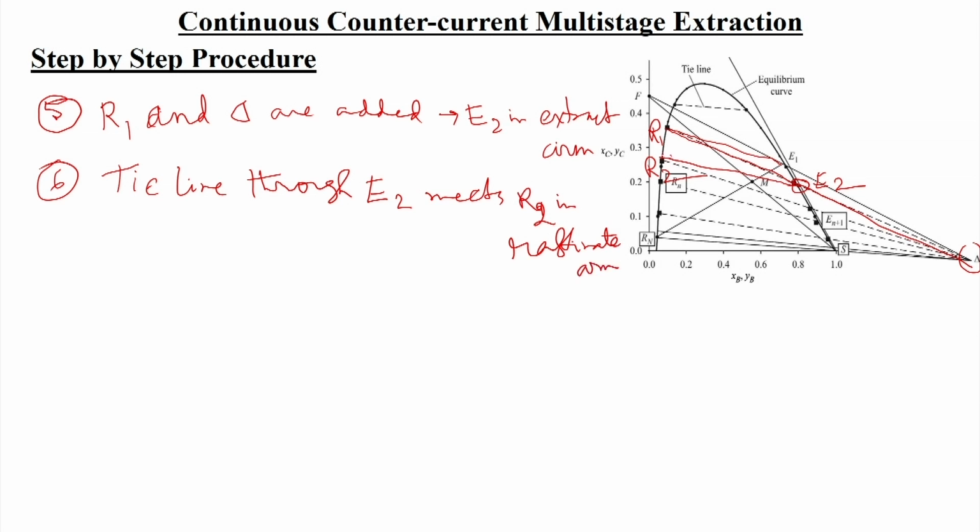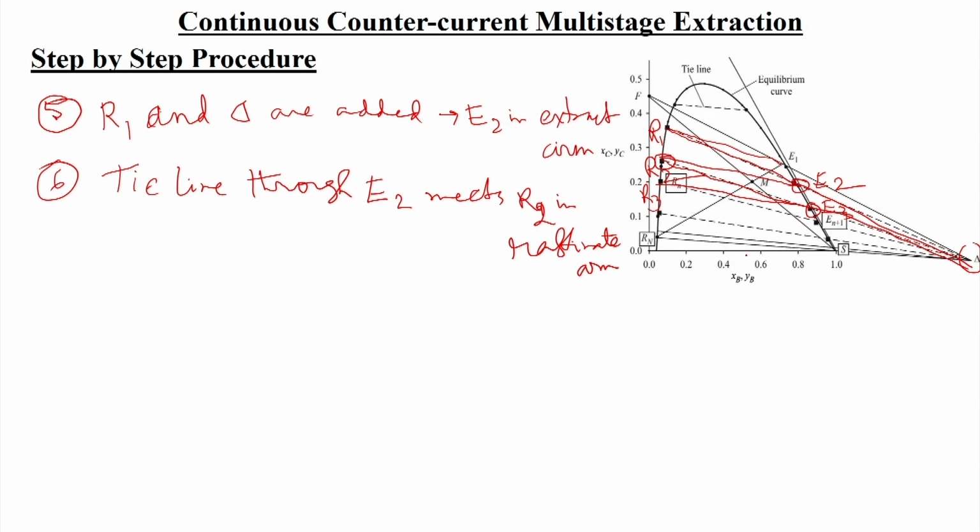Okay. So, this is R2, that is the feed to stage 3. Now we will continue: again we add this R2 and delta. Here it will meet E3, then again we draw the tie line, we will get this R3, and that way we will continue.